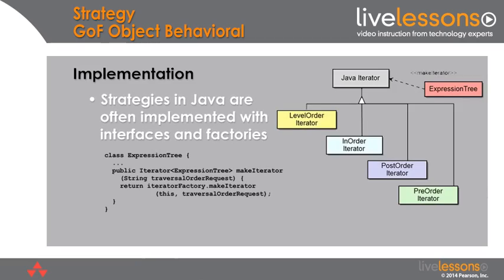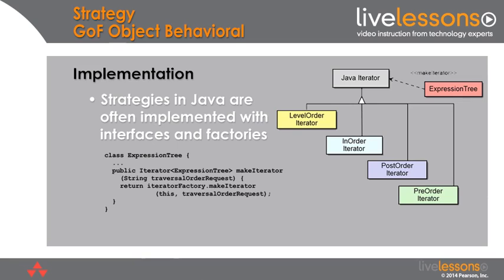Another thing that's worth noting here is that you can implement strategies in Java using interfaces and factories. Very, very common technique. We used it when we implemented our expression tree traversal orders for the iterators. We have the Java iterator interface, and then we implement that to have different various ways of providing the strategies for traversal. And we'll, of course, create those things using factories in the factory method pattern that we'll talk about here shortly.